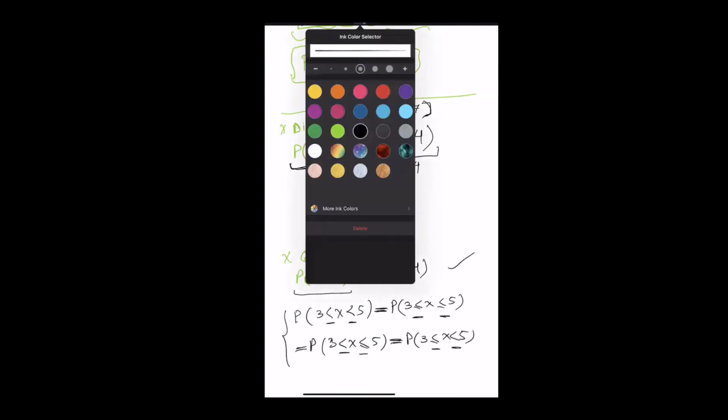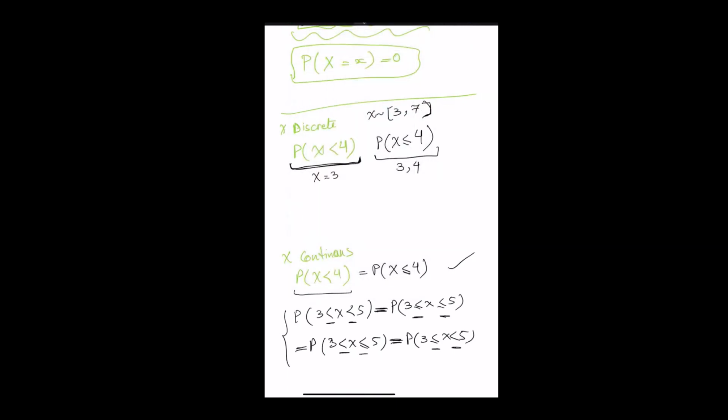The probability of x less than 4 compared to the probability of x less than or equal to 4 is always less than or equal for discrete random variables. Keep that in mind as well.